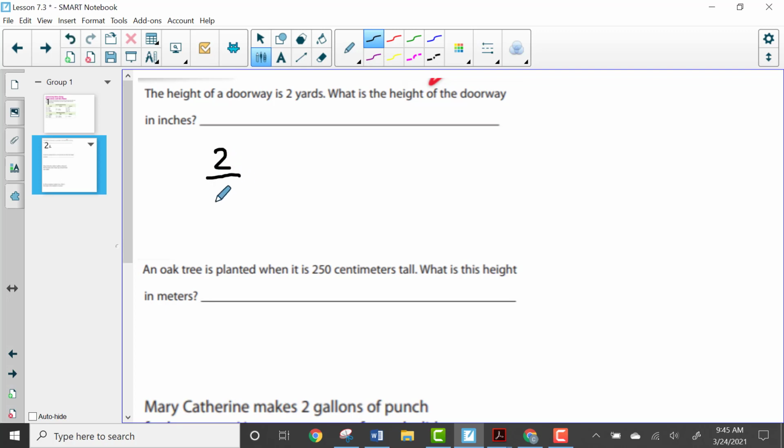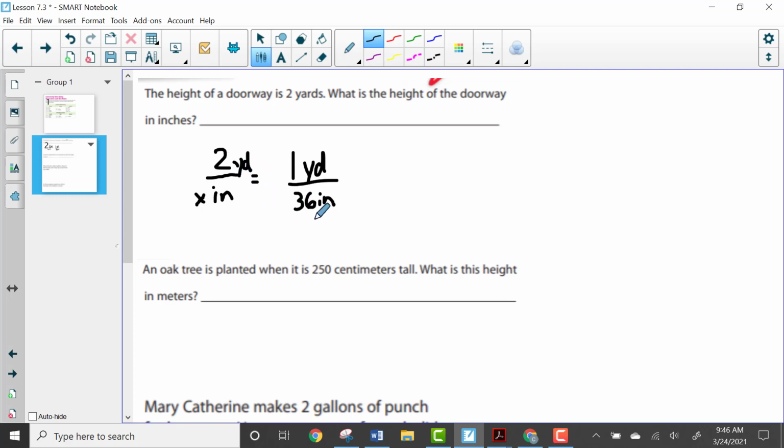We don't know how many inches, that should be an X, and that is going to equal 1 yard and 36 inches. Why do we know that? We can see on our chart that 1 yard equals 36 inches. So this is the unit rate that we're using, and we're setting this up as a proportion. Again, yards and yards, inches and inches.